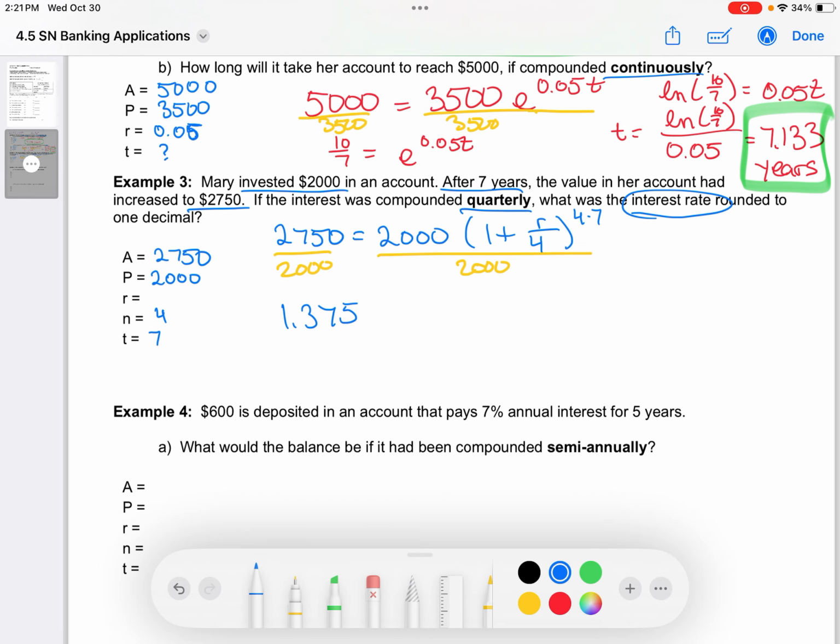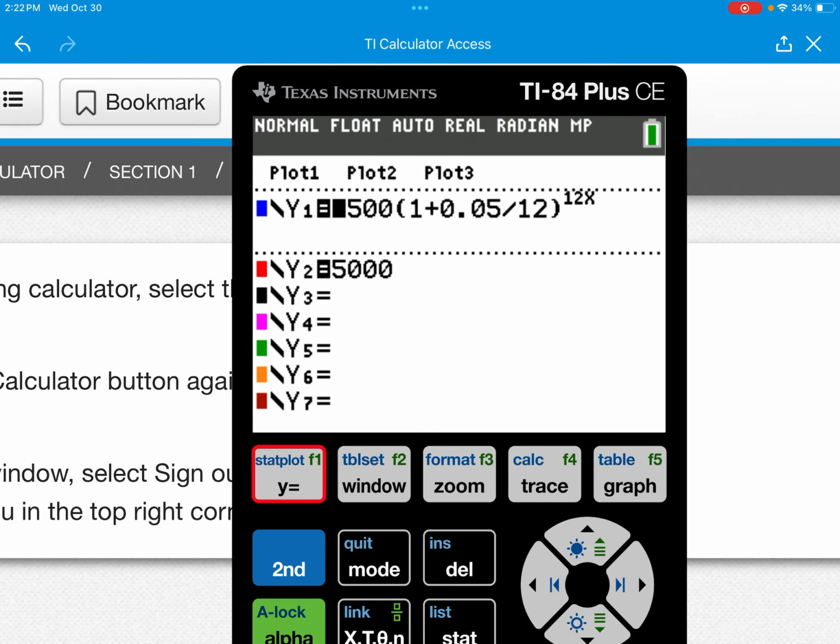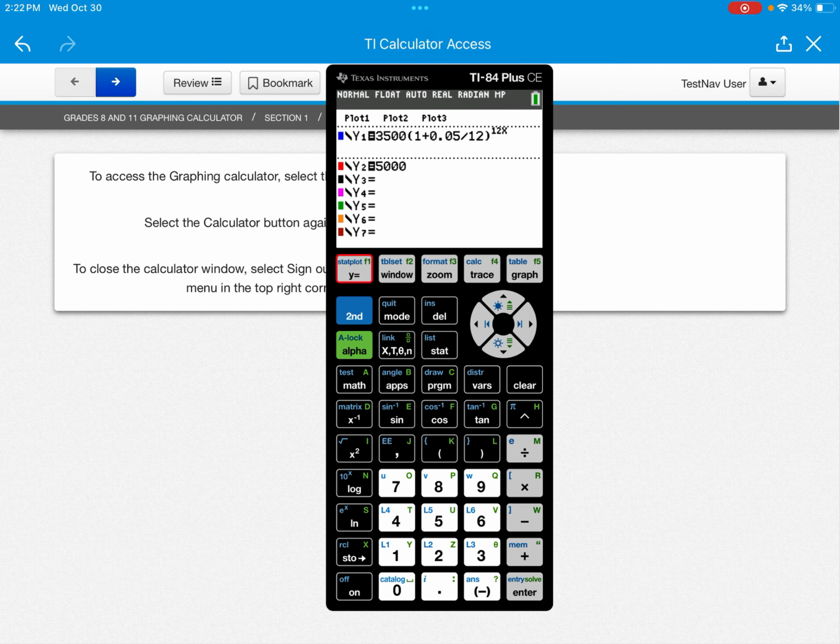So 1.375 equals 1 plus r over 4 to the power of 28, multiplying those together. Because that base is not a nice number, we can go to the calculator on this. So, to y equals, clear, parentheses, 1 plus x over 4 to the power of 28.